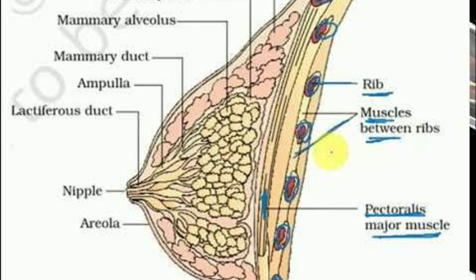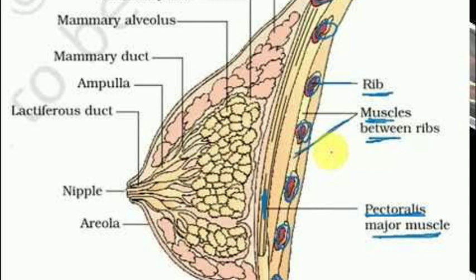The glandular tissue of each breast is composed of 15 to 20 mammary lobes that contain cluster of cells called alveoli. Singular is alveolus.